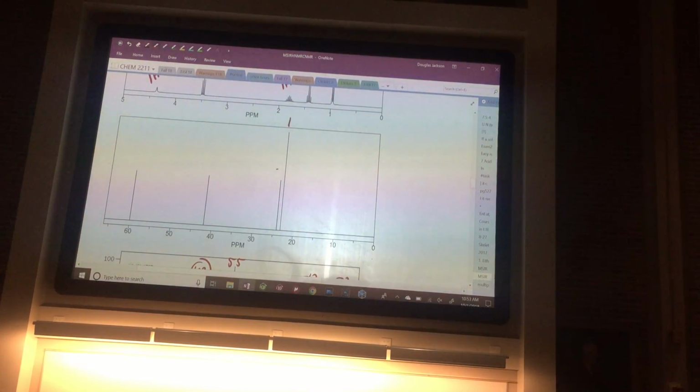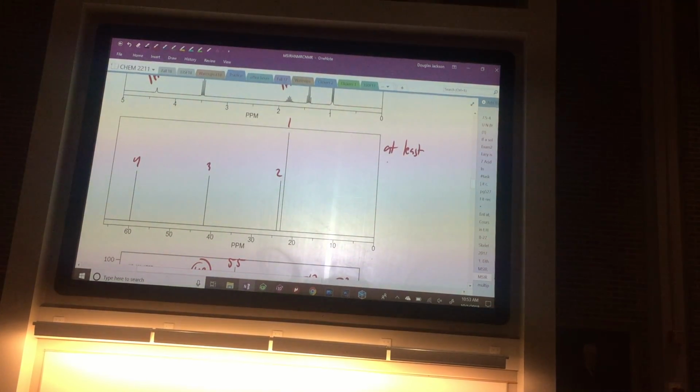We've got 4 carbon signals, so there are at least 4 carbons in the molecular formula. There could be more if there's symmetry, but not more than what we think from our molecular ion.